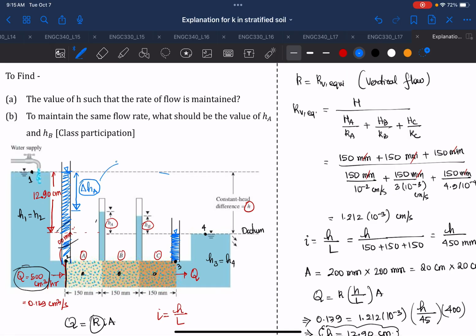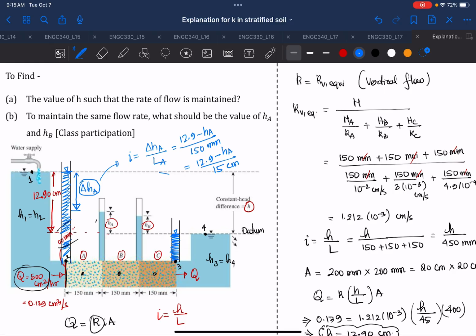So now your I will be equal to delta HA over LA. Delta HA will be 12.9 minus HA divided by 150 millimeter, which is equal to 12.9 minus HA over 15 centimeter, because we want to work with a consistent unit, which is centimeter. So the question is, what will be the HA?